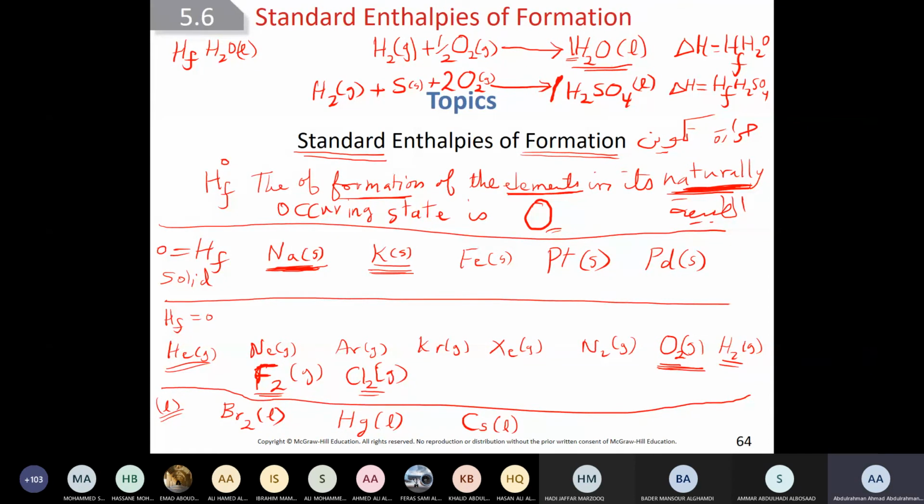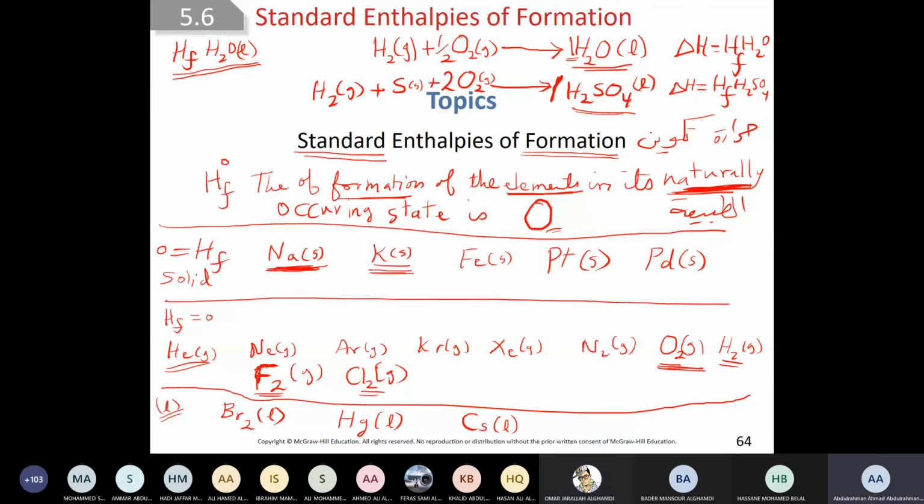Clear? So I want to define the heat of formation. Is it 0? What's the meaning of heat of formation? No. The heat of formation for these elements is 0, but for this compound it's not 0. There will be a certain heat. Define it. It is the energy required to make a compound from naturally occurring elements.